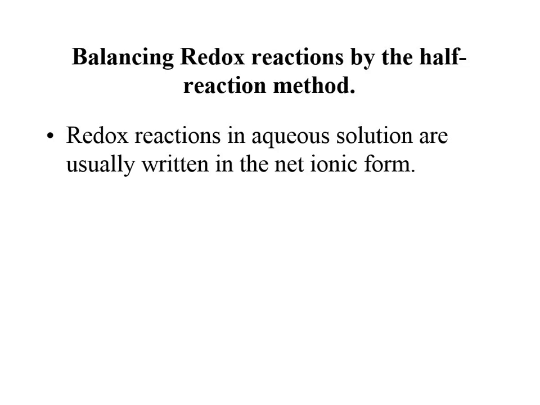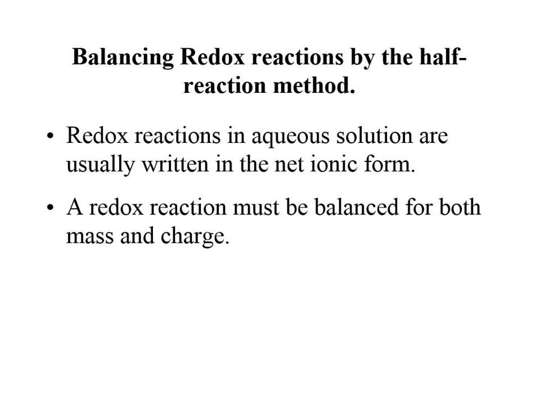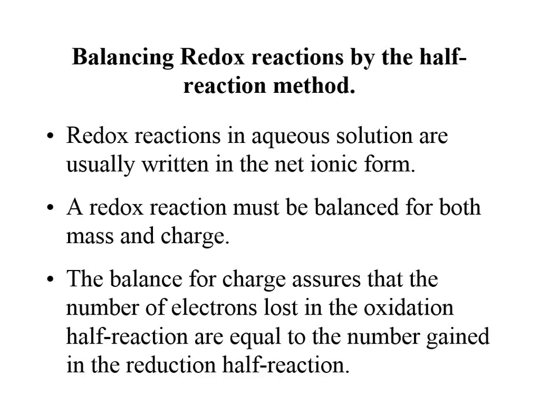This is an alternate way of balancing them. Usually the spectators are removed, net ionic form. Ultimately, when you balance them on either side of the reaction arrow, it needs to be balanced both for mass, which we're used to, and charge, which we may not be as much used to. And in balancing them for charge, you're actually going to see the electrons kind of coming and going. Basically, the electrons that are given up by oxidation will all need to be consumed by the reduction half.